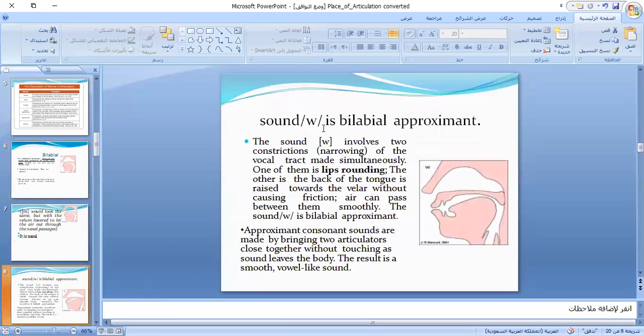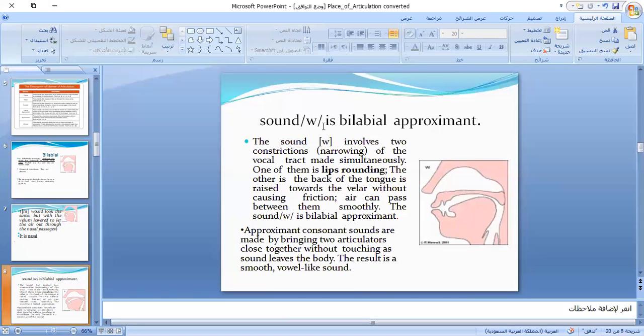Okay. Also, another sound considered bilabial is W. W is a bilabial approximant. Now, M is a bilabial nasal, and W is a bilabial approximant.